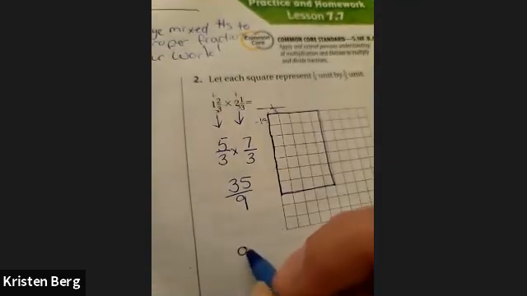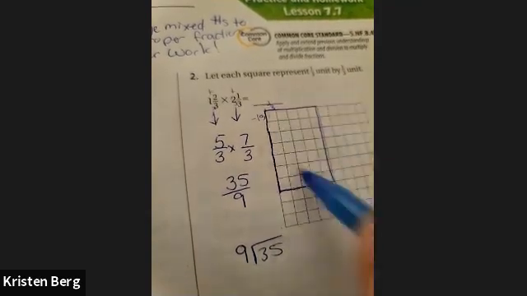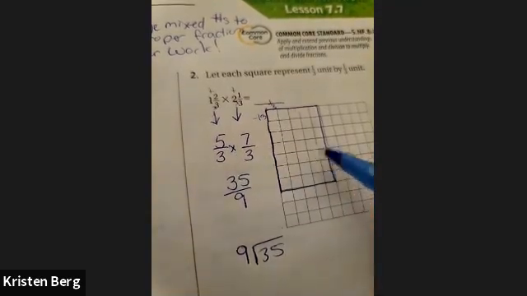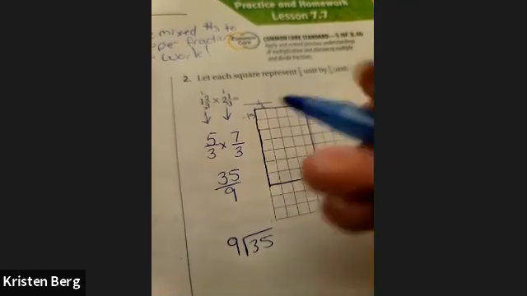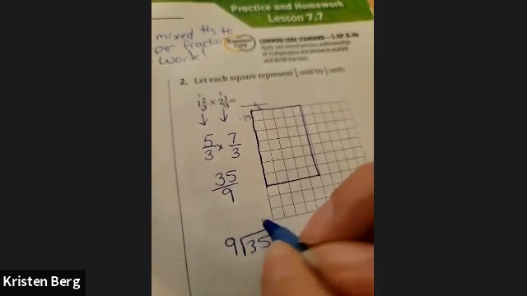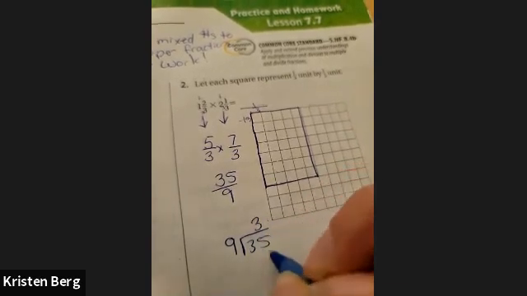Then, of course, you cannot keep that as an answer. Again, on your homework tonight, you won't be needing to make a rectangle. I'm just showing you that this basically is helping you tell how many squares you need to make this anyway. How many 9s go into 35? And the closest that you could get is 3.